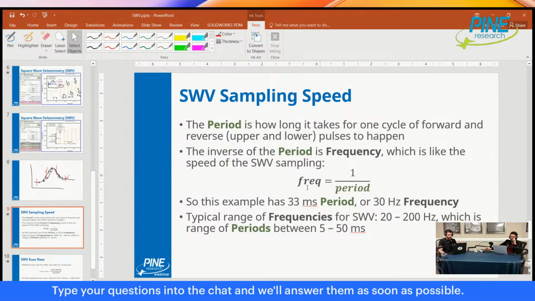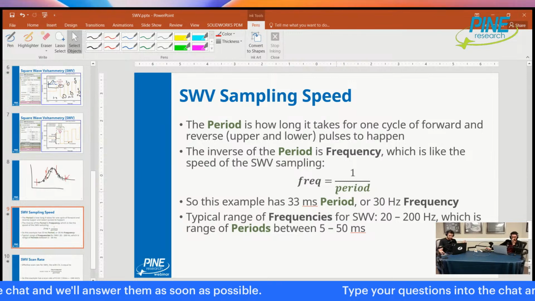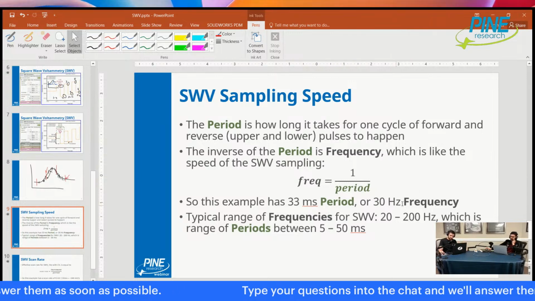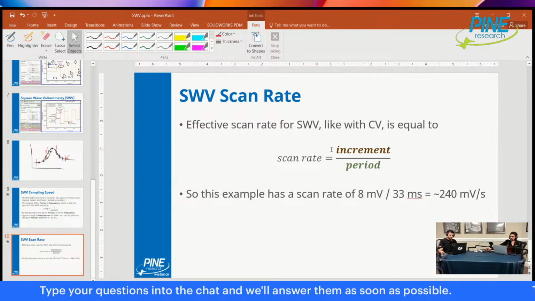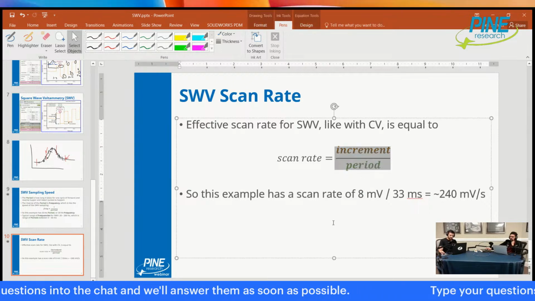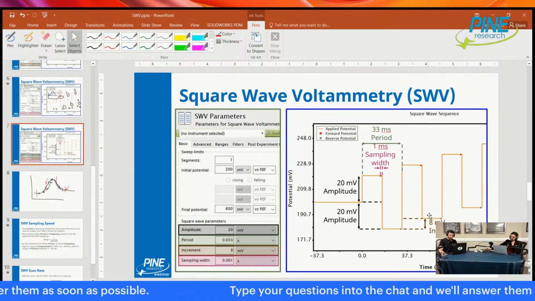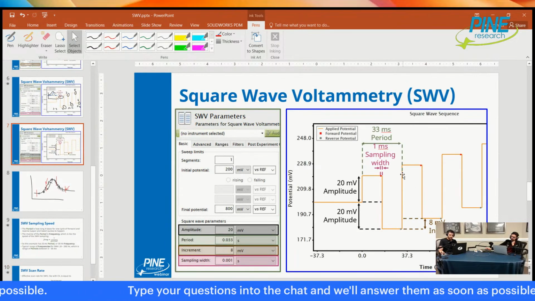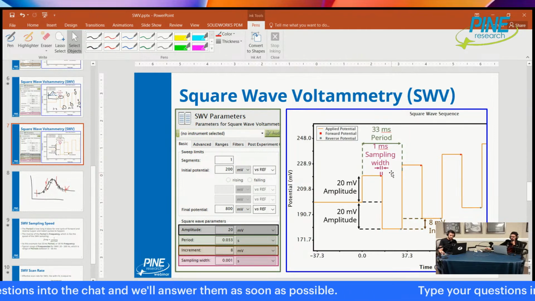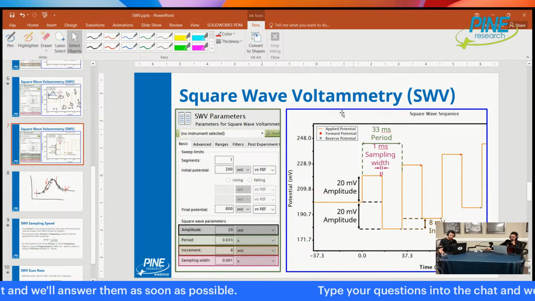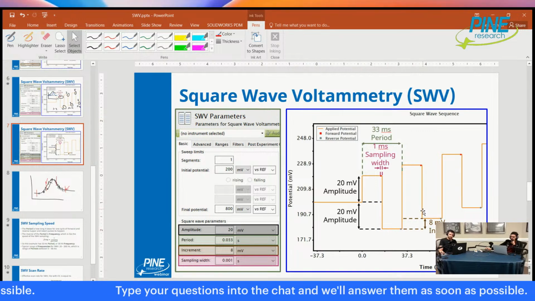Now, 1 over the period is the frequency, so you can talk about it in terms of a frequency. But what I wanted to talk about was the effective scan rate. The increment divided by the period is the effective scan rate of a square wave. How long it takes to do the first set of pulses, 33 milliseconds, for instance, and it moves up 8 millivolts each time.